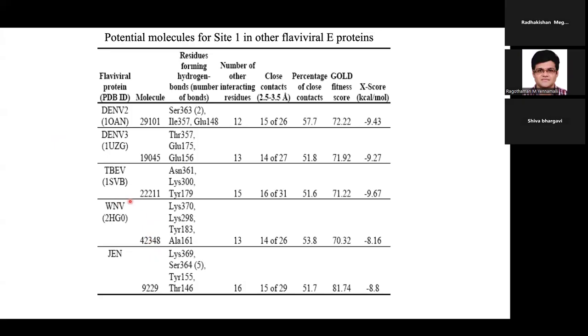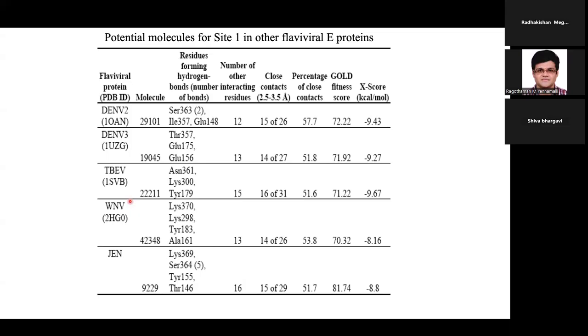Because there might be a chance that you are infected with more than one virus, and if so, the drug that you're taking will be effective only for one.